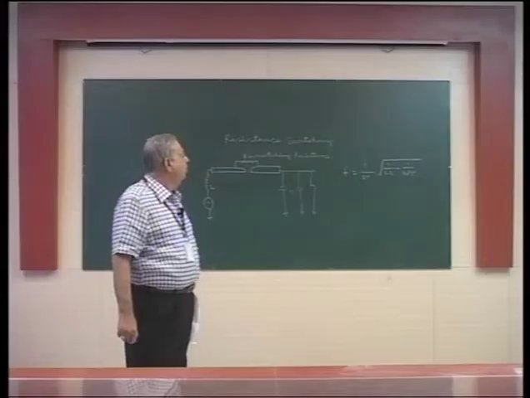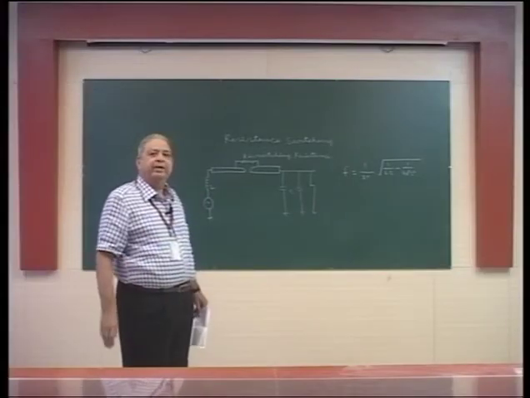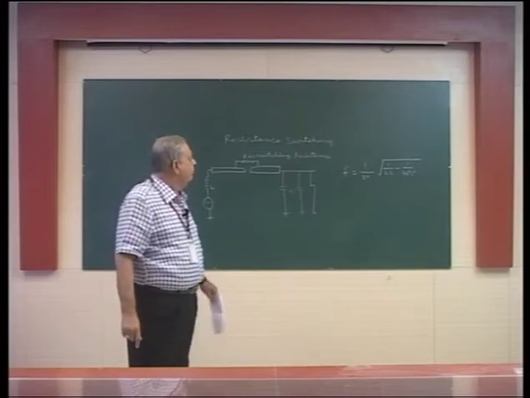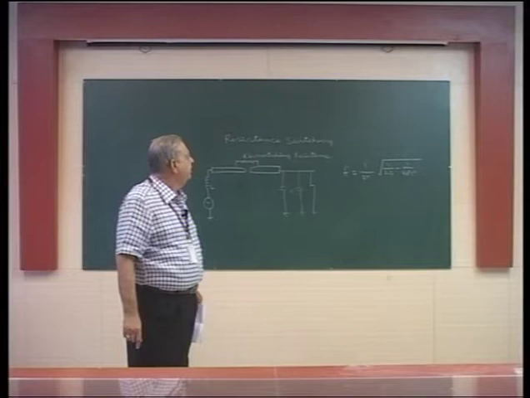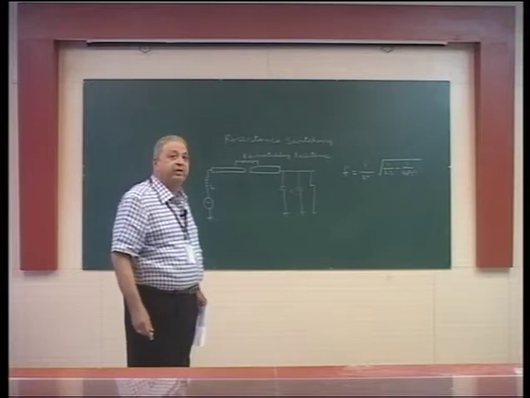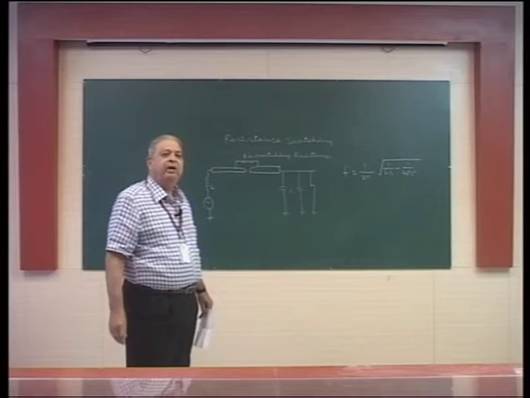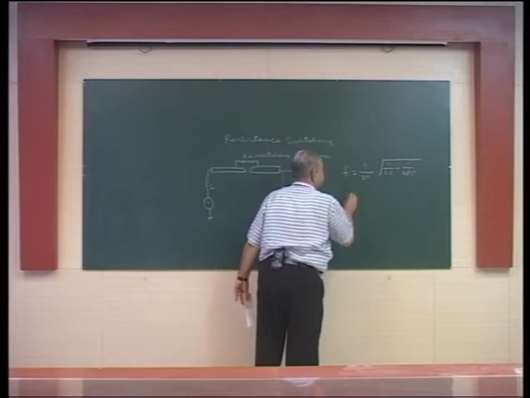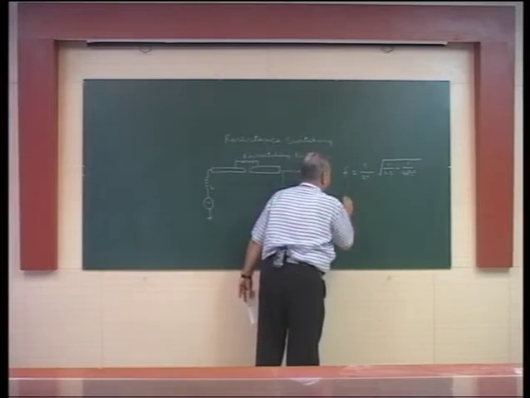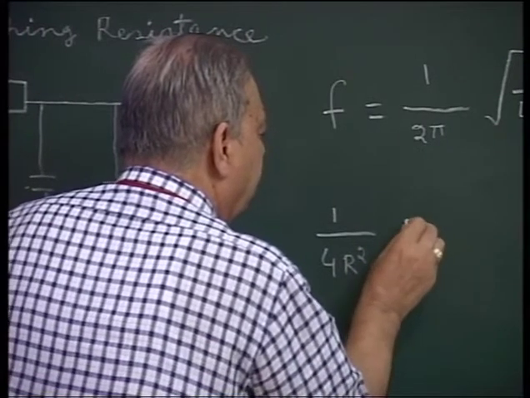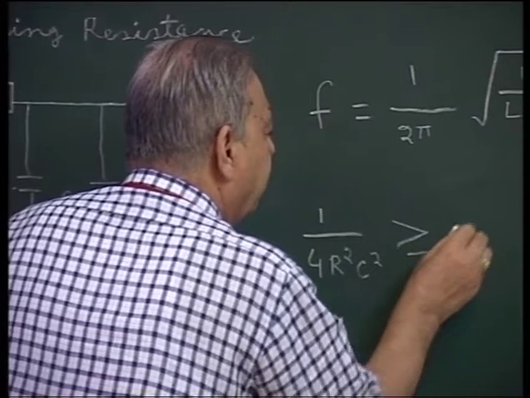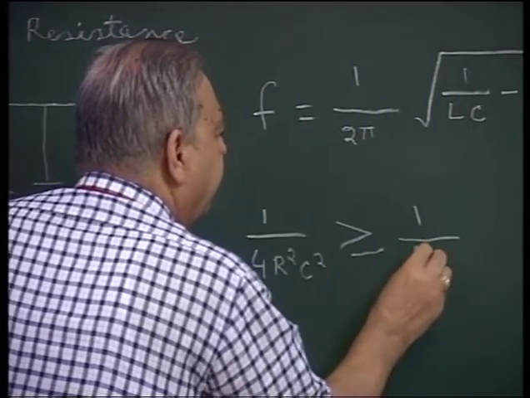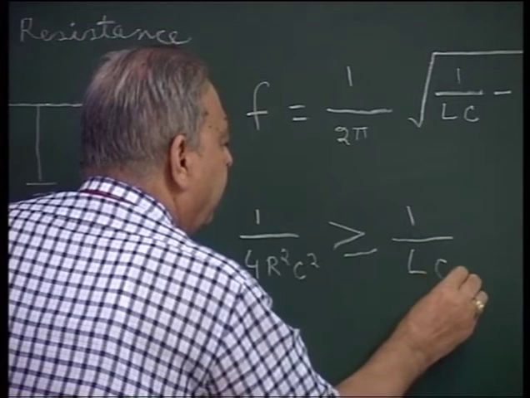If R is low, the second term will be lower. So there will be oscillations as long as the second term is lower than the first term. And if R is high enough, and R squared upon 4L squared is greater than or equal to 1 upon LC, there will be no oscillations.